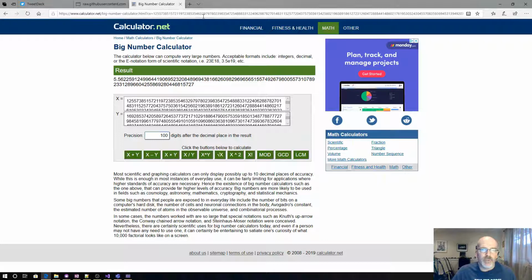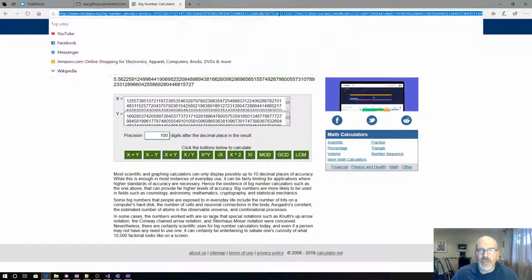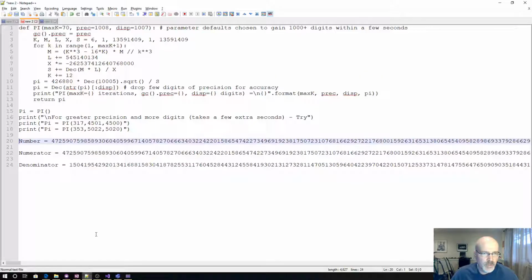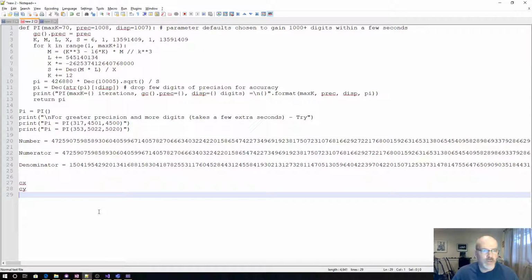It looks like they're actually putting the cx and the cy up here. Let me actually look at this. What are they doing here? So it's CX, CY, CP, and CO. So I could say CX, CY, and then CP is the precision.